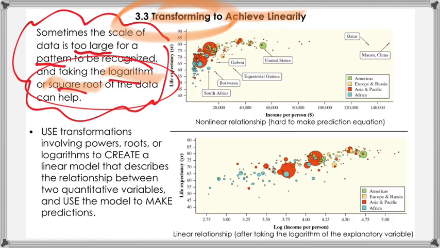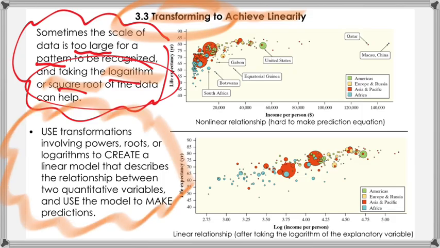It will be output that is already given to you. So if you glance down here at the second block of text, you're going to use transformations that involve raising your data set to powers, taking roots, and taking logarithms, which will sometimes, depending on which function you use, create a linear model that describes the relationship between your two quantitative variables. And then you are now allowed to make predictions.